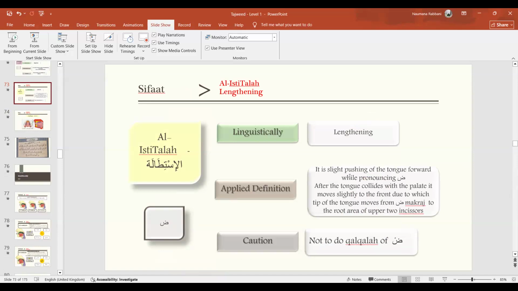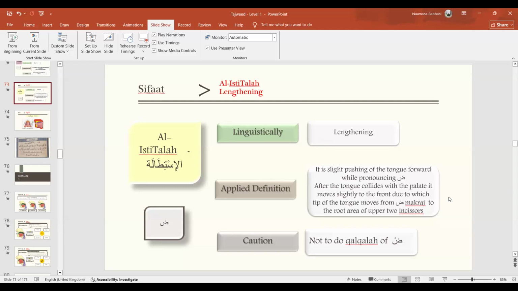Originally, where the entire tongue touches, that's the articulation. In the front sides of the hafa is the articulation point of lam. But when you push it slightly forward, it should move to where the noon and ra articulation point is, which is the gums.